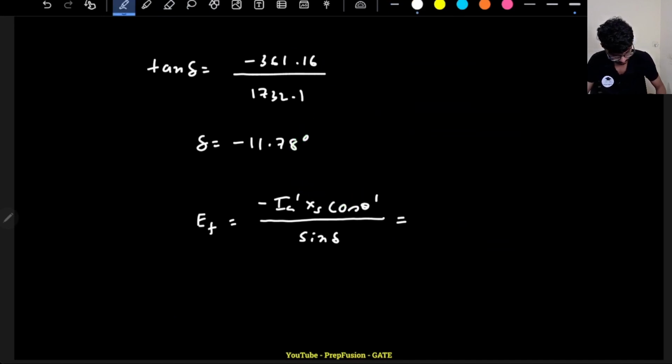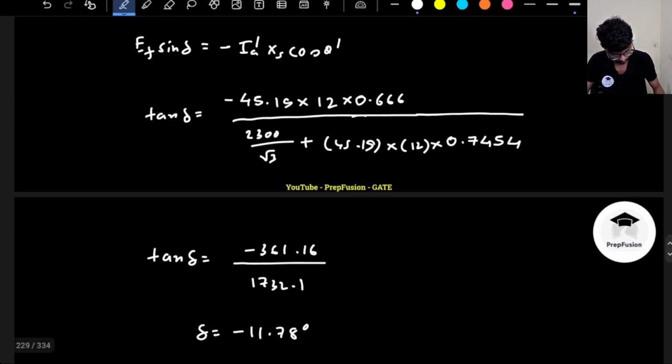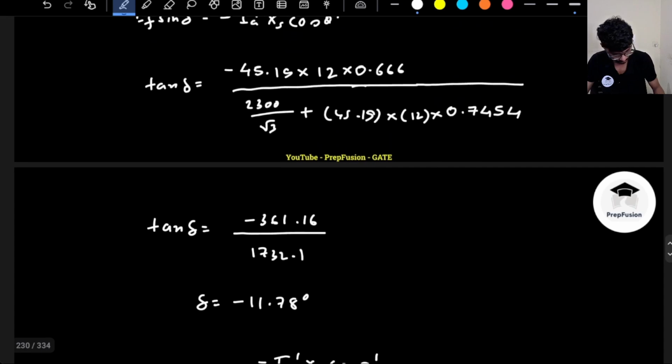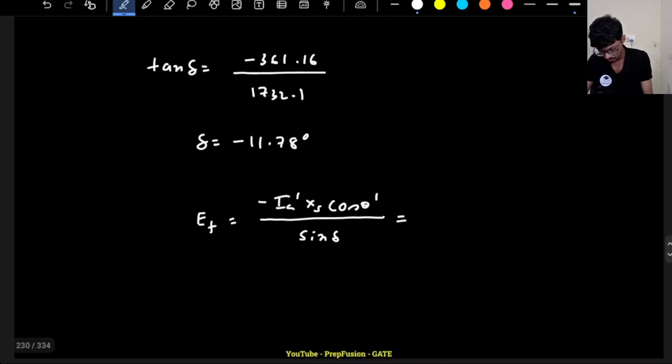So sine of delta into Ia dash is 45.19 into 12 into 0.666. Okay. So EF comes out to be 1769.352 volts. Okay, this is what my EF comes out to be.